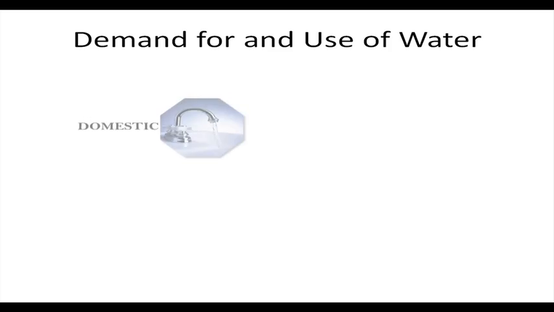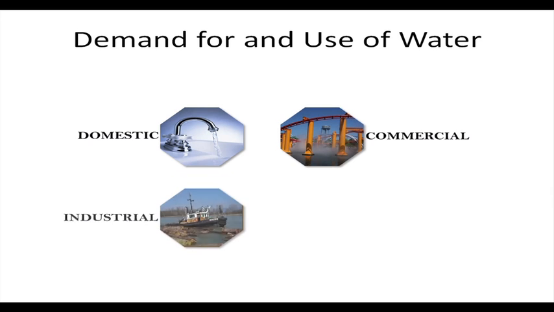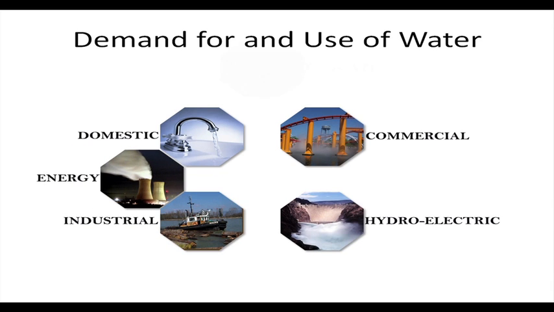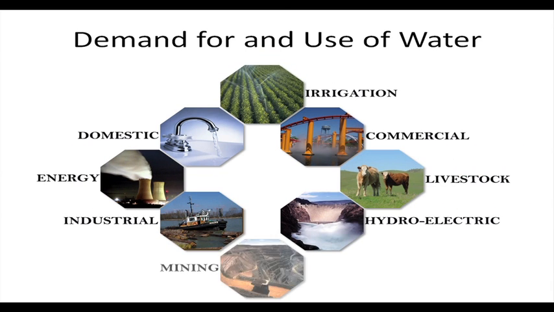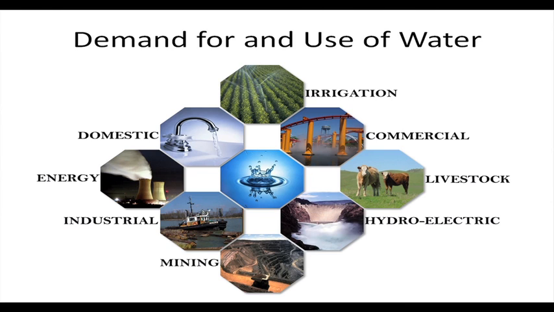So that's just to stress upon you how important water is. Now, if you look at water use, withdrawal, and requirement, where the water is used: the domestic sector, in our houses, and the commercial sector use a lot of water. Irrigation, again in a country like India, we use lots of water in irrigation.